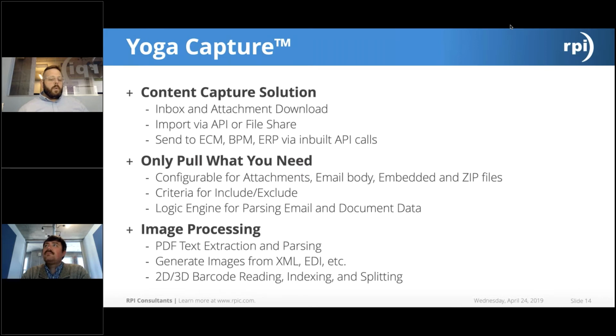And so that is another piece of inherent functionality. We take each individual unique ID out of Exchange and make sure it's attached to that content so that reporting can be leveraged later to be sure that we have a one-for-one with everything that was received into the inbox. Yep, and that's built directly into Yoga Capture's database, storing the audit trail for those emails.